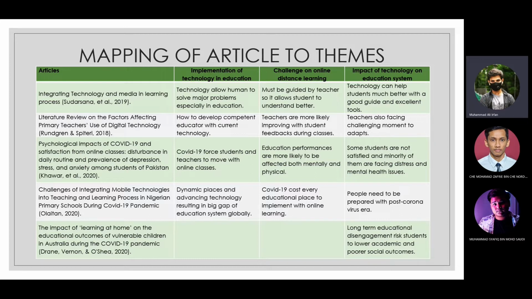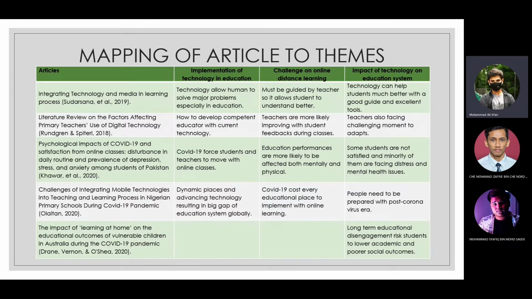So the challenge we are facing in online distance learning is just to be guided by the teacher, so it allows students to understand better. Technologies are more likely improving students' feedback during classes. Education performances are more likely to be affected both mentally and physically. COVID-19 caused every educational place to implement online learning.